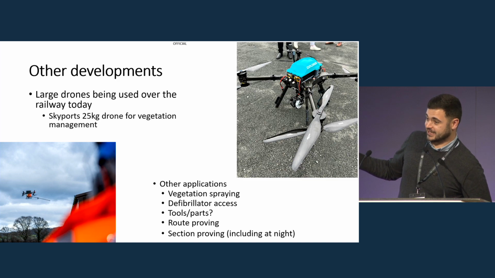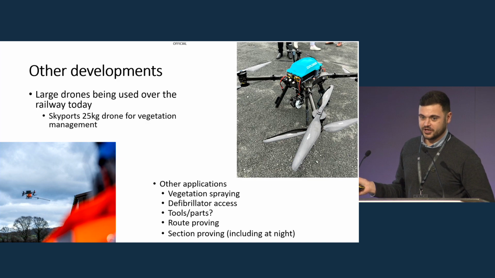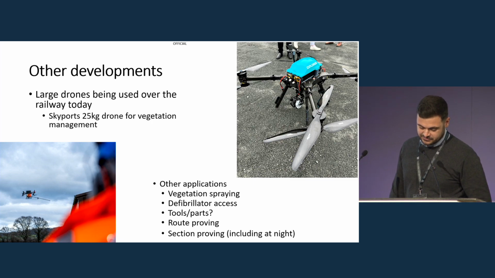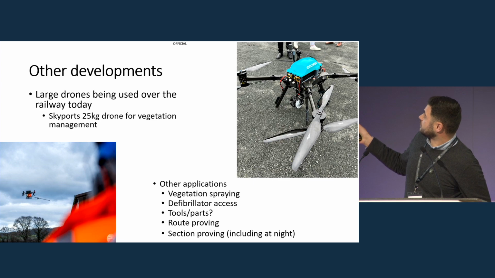That drone, with all the payloads and the batteries, weighs just under 25 kilos, so there's quite a considerable mass to be flying, potentially down to 20 meters above track. But you can probably appreciate from that photo how big one of these aircraft is. They're using it to capture imagery that could be used for photogrammetry. It also has a thermal sensor, and you can't quite see it in the shot, but it has a LiDAR sensor as well.